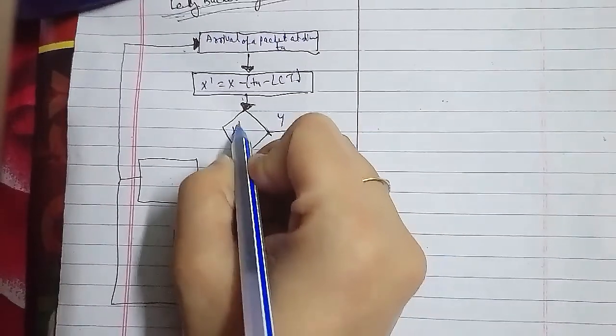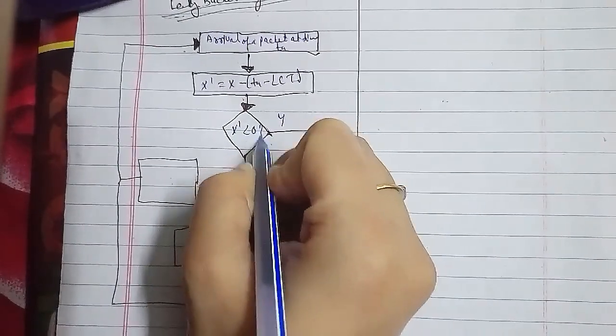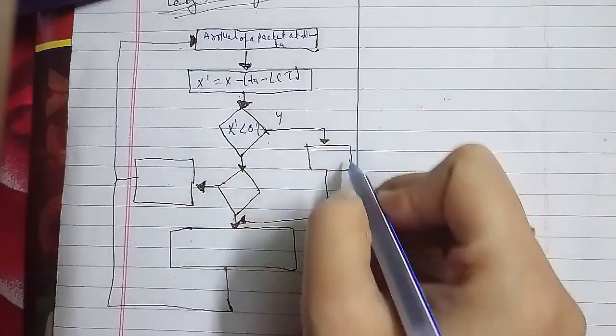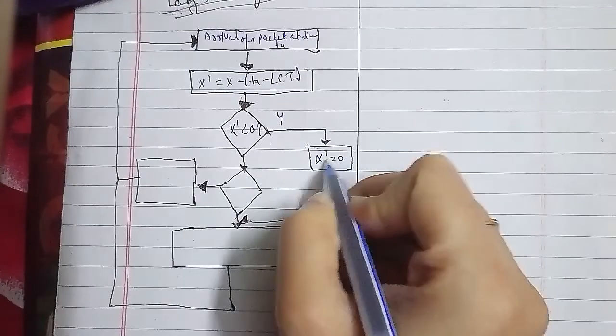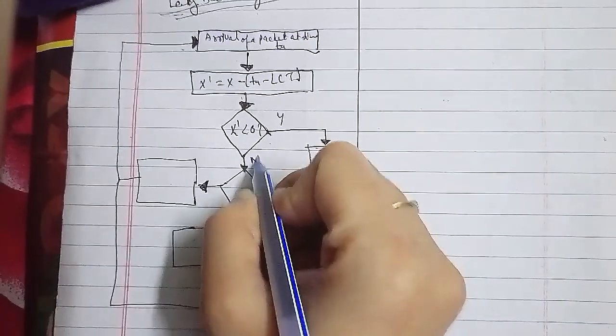If it is yes, then it will go x dash equals 0, and if it is no, then x dash is greater than L here.